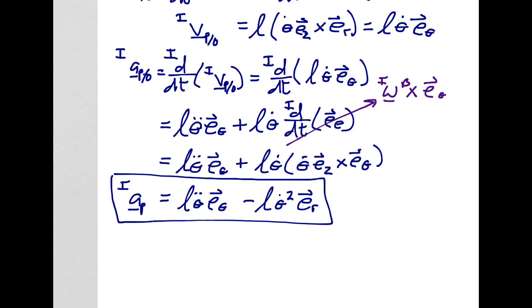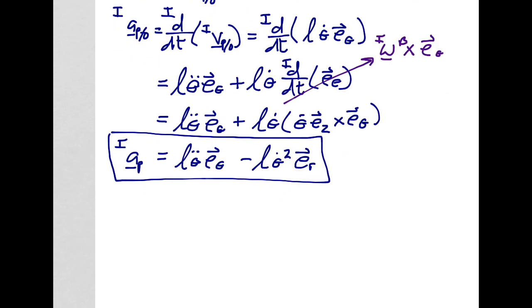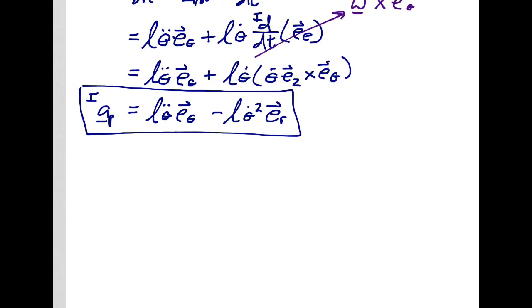So now we have all the kinematics that we need, and they're all expressed within the polar reference frame, or in this polar basis. So our next step, just like normal, is to create a free body diagram. So our free body diagram of our particle, we have our mass, we have gravity on this, and then we have our constraint force, F. And so there's really no other forces on this.